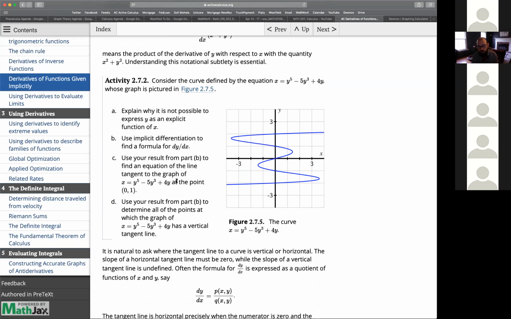I can put one with quotient rule in there, but you're unlikely to see a whole lot of those. Through some simplifications, you'll be able to get rid of those denominators.